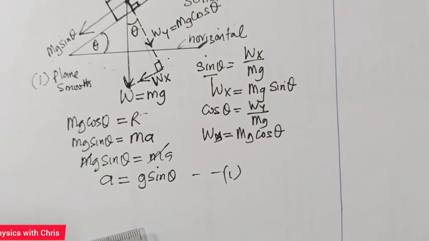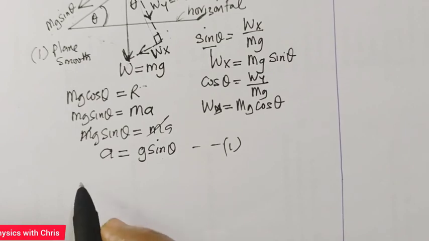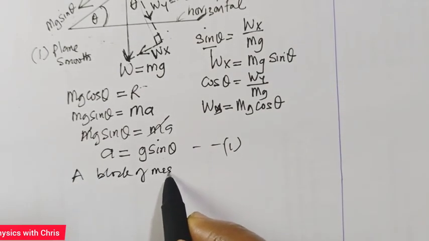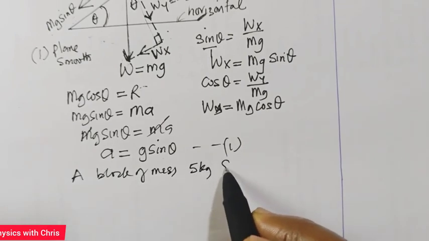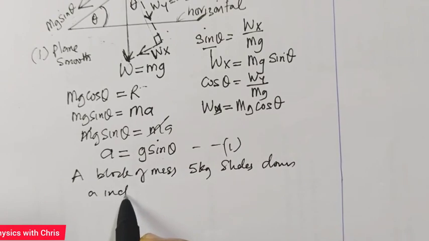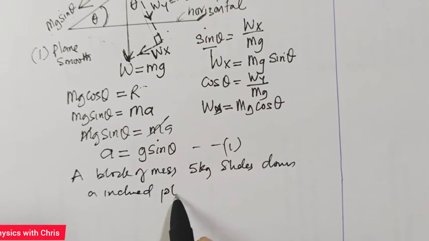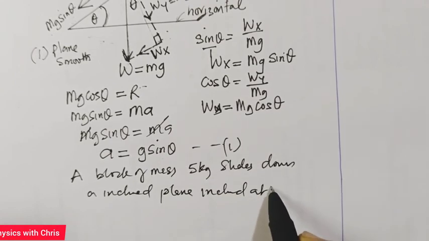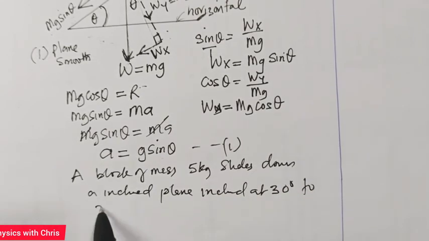You may be asked to answer a question using this equation. For instance, they can say a block of mass, let's say 5 kg, slides down an inclined plane, a plane that is inclined at an angle of 30 degrees to the horizontal.